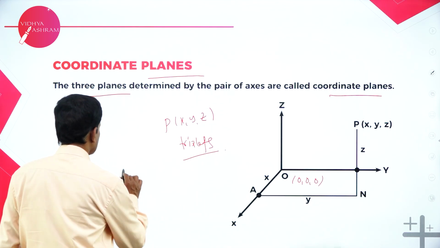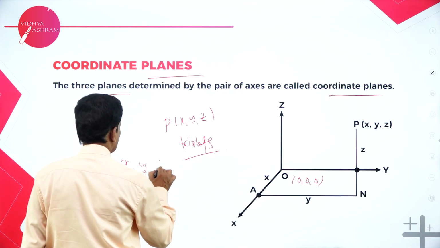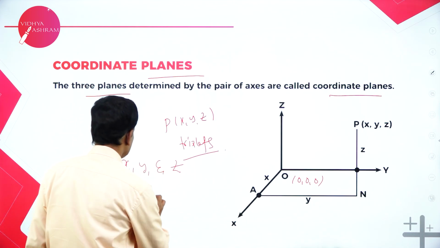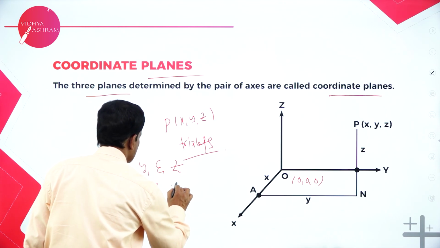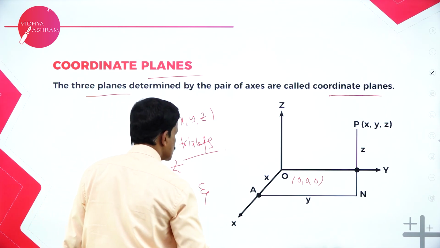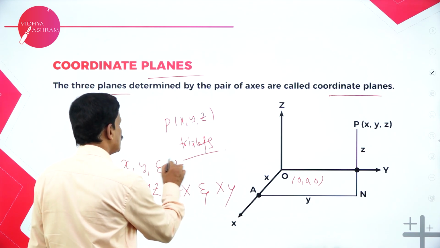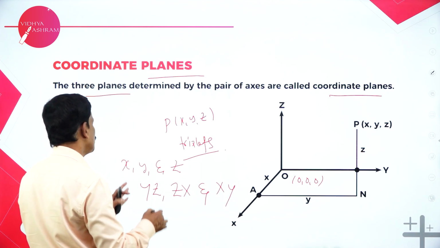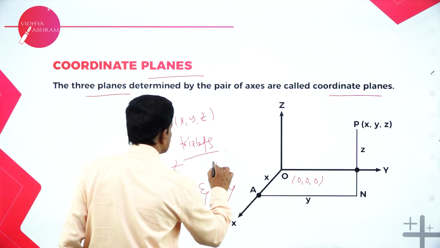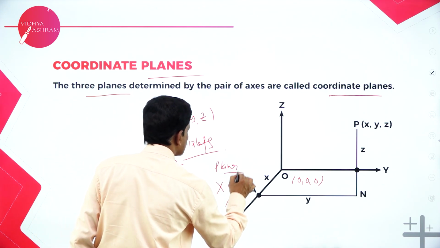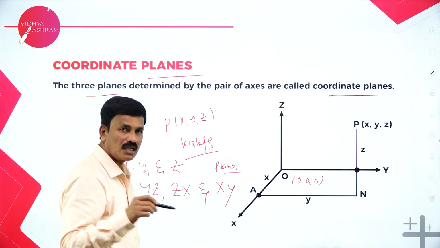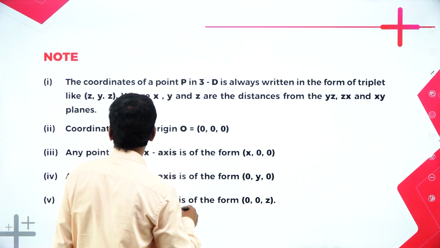Now, x, y, and z are the distances from the YZ plane, ZX plane, and XY plane. These are the distances, right? Now, by knowing this, let us know the coordinates.